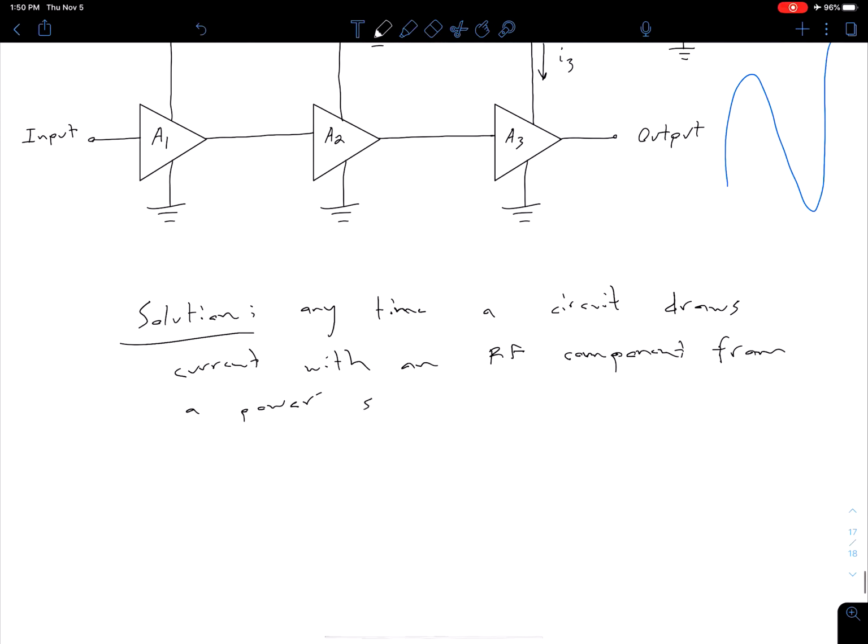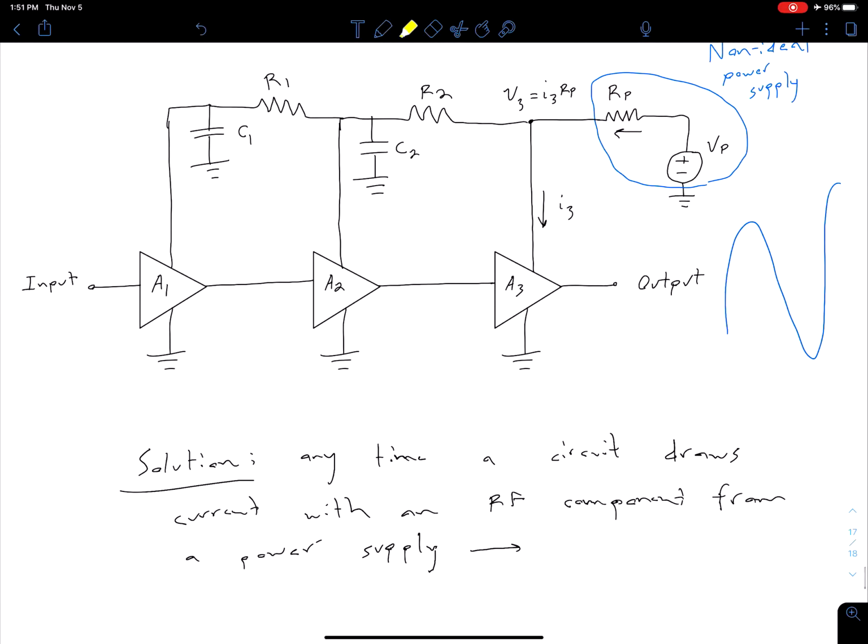Every power supply is going to have some internal resistance associated with it. What we want to do is fix this issue of having an AC voltage component that, if we didn't have proper filtering here, could eventually find its way back to the input on A1.